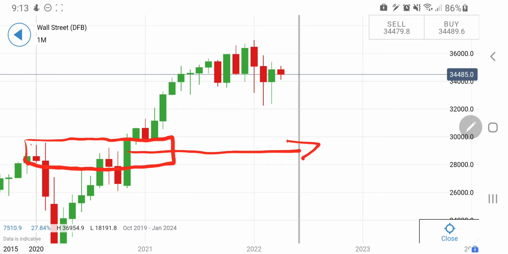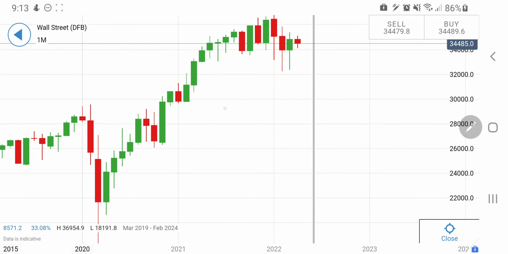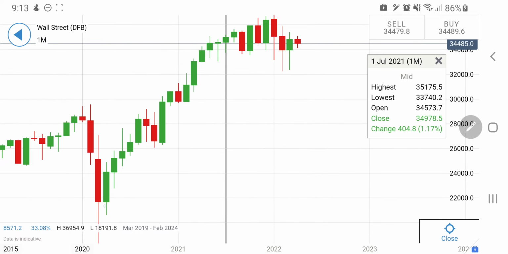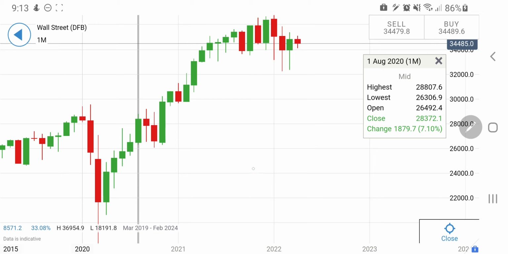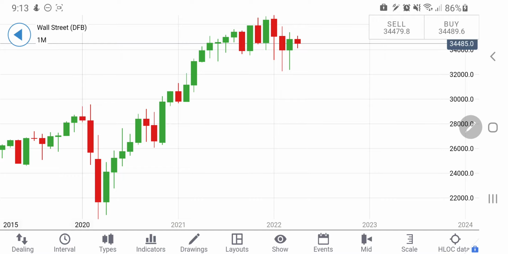When I say near term, it may be 3 months to 6 months, and a short term can be very much at around 1 year levels. Probably we may be seeing US30 in this zone sooner or later. So this is what we can see firstly on the monthly charts, and we have seen that the 34,000 and 33,800 levels are going to remain of importance for US30 for any further drop.